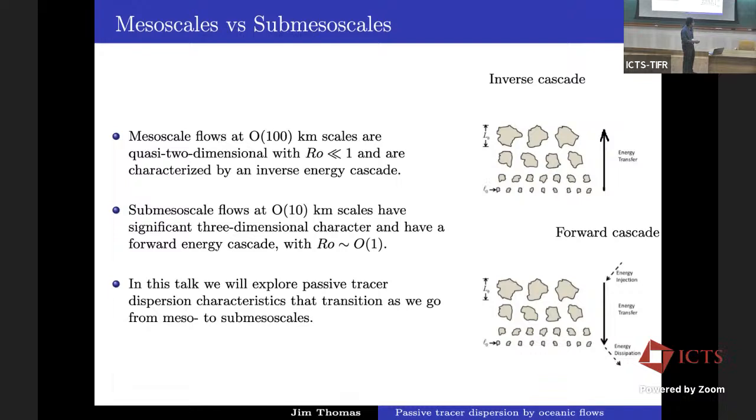This transition is what is seen in the ocean as you go from large 100 kilometer scales to small scales of the order of 10 kilometers and smaller. Turbulent dynamics completely changes. And in this talk, we'll look at how passive tracers such as carbon dioxide and nitrogen are influenced by this transition in the flow dynamics.